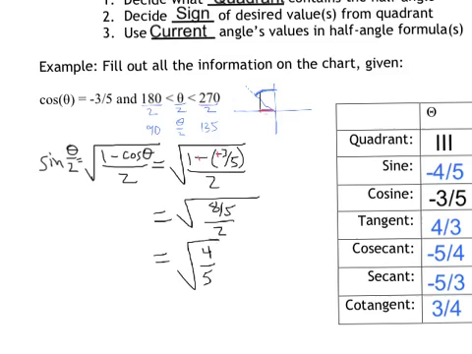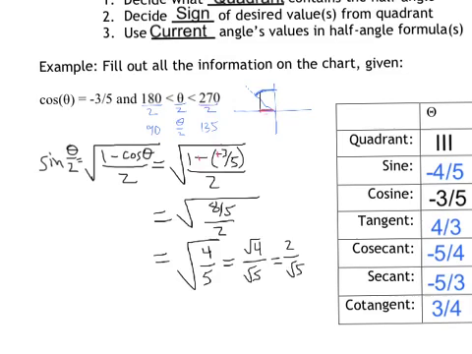And maybe now I'll take a second and take the square root of the top and the bottom. Square root of 4 on top of the square root of 5, and that's 2 on top of the square root of 5.